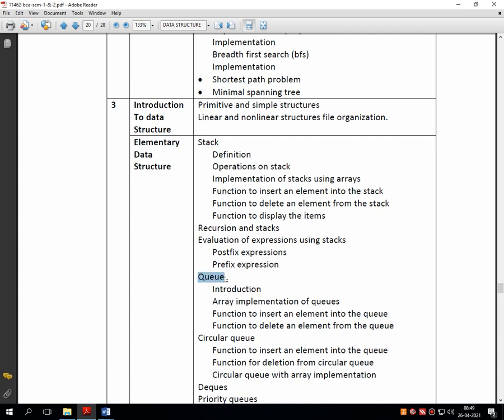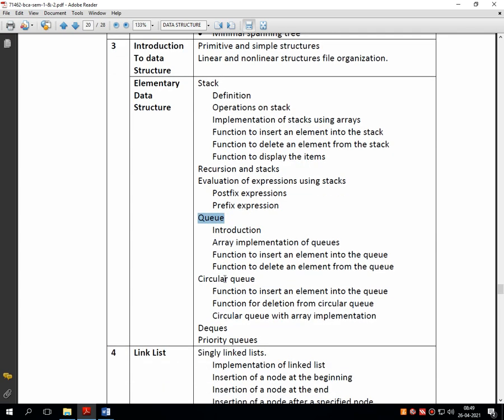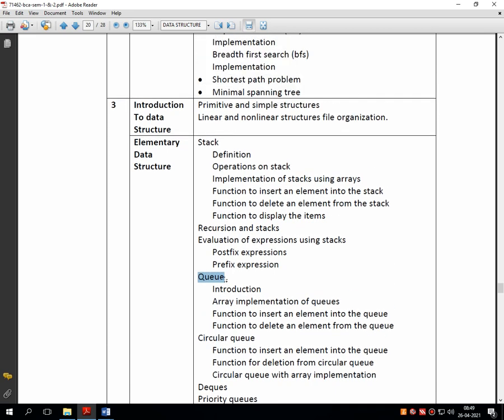Again the most important topic called queue, with their further classifications. So without wasting more time, let's quickly discuss the basics of data structure that we are going to learn now. So we can say that the actual concept of data structure starts now.